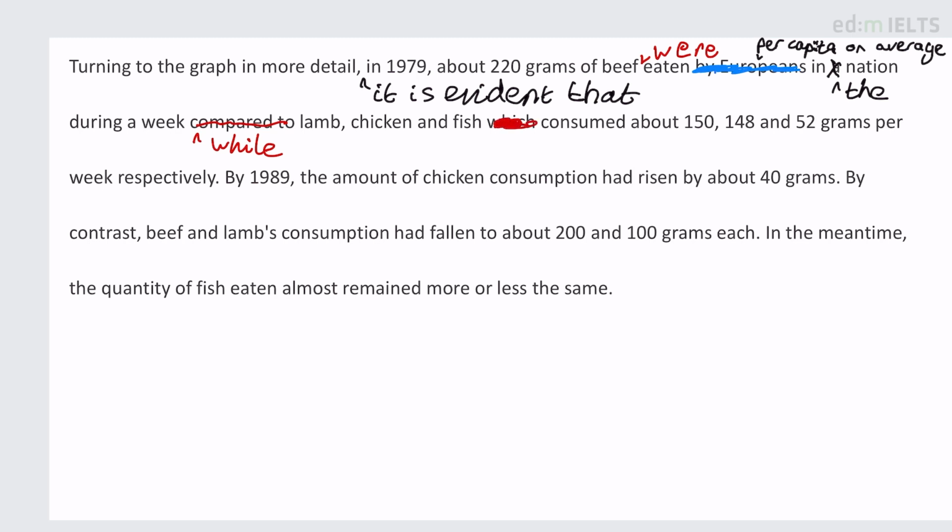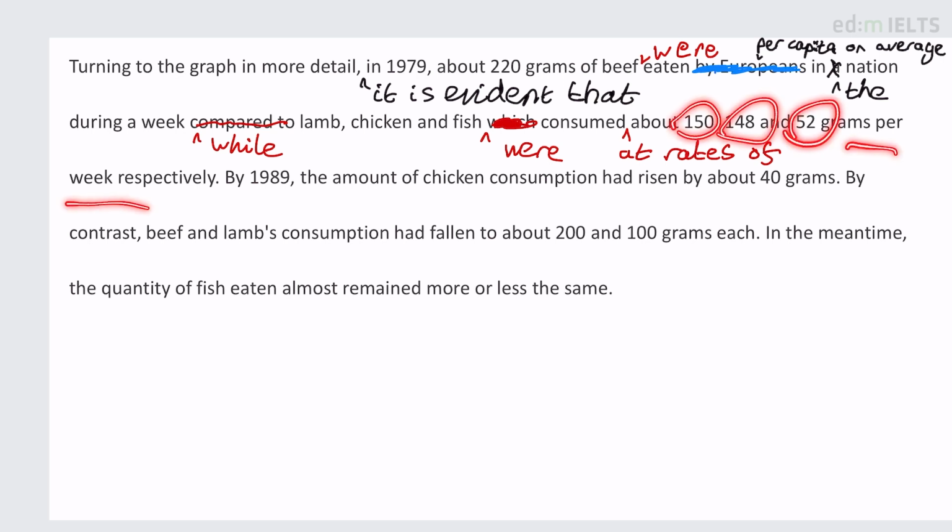The relative pronoun which to replace it or they or them is not being used correctly here. Well, these three types of food were consumed, I'm going to say, at rates of about 150, 148 and 52 grams per week, respectively.